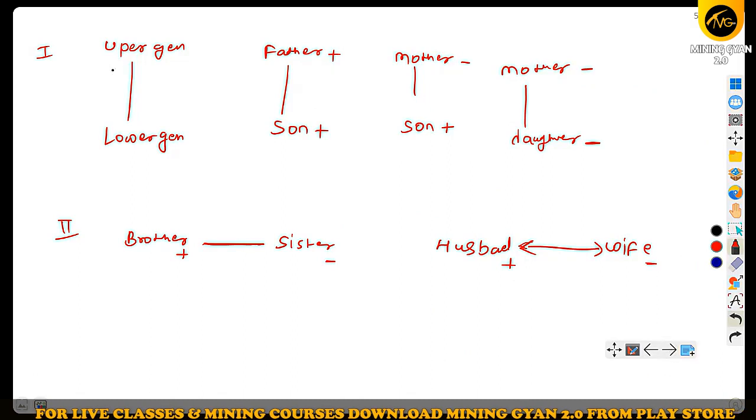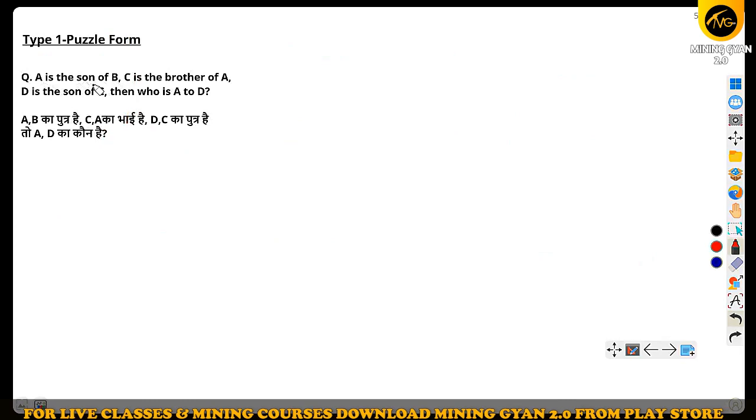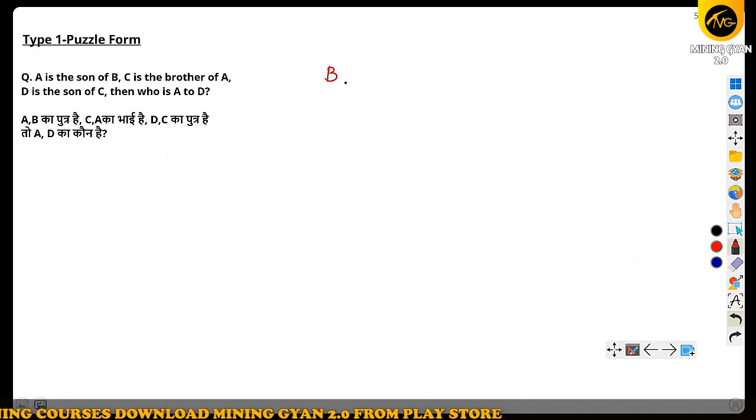Now for this question, A is the son of B. So A is the son of B, that means B is the father. So B is the higher generation, upper generation, and A is the lower generation. That means this is clear.